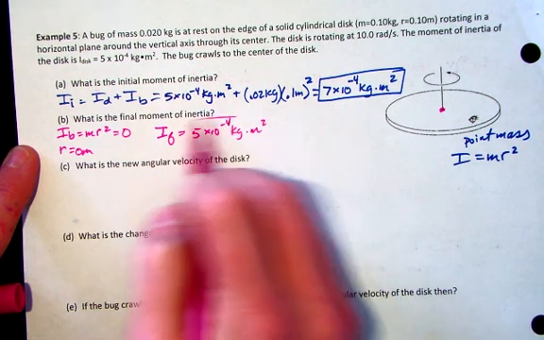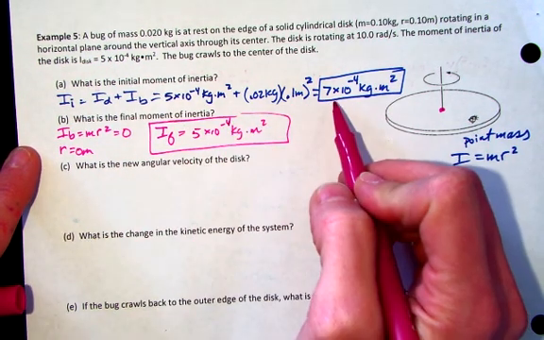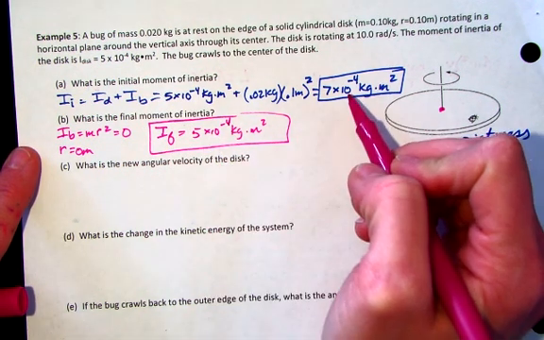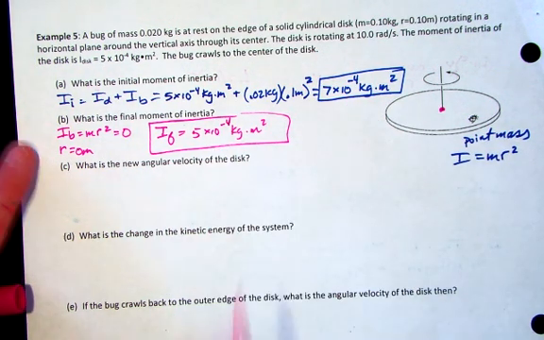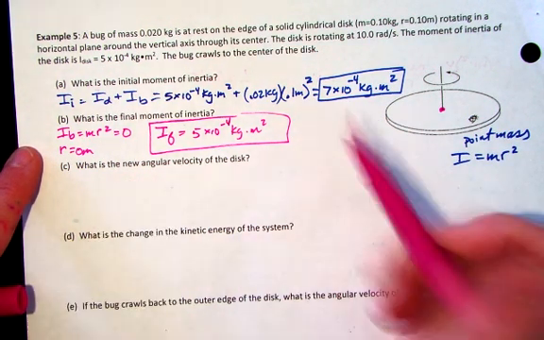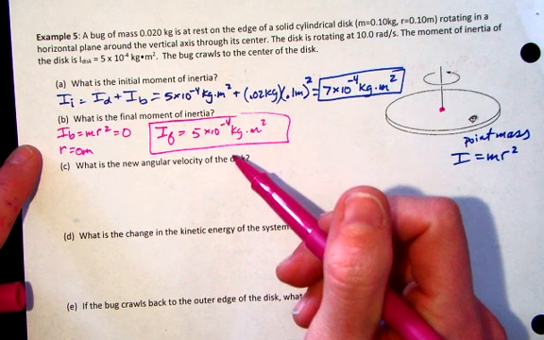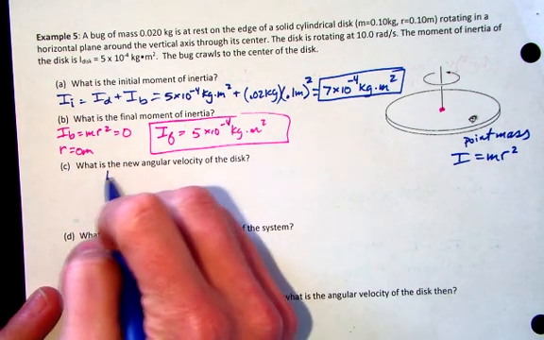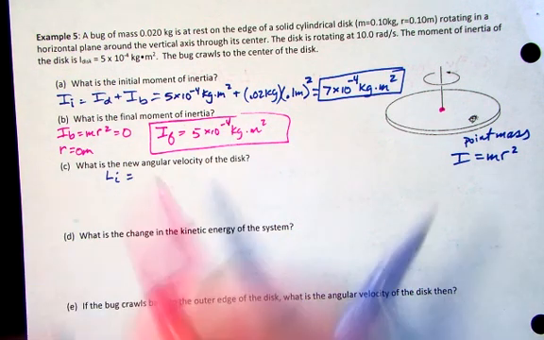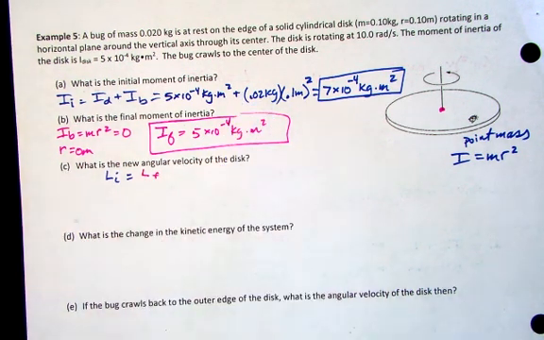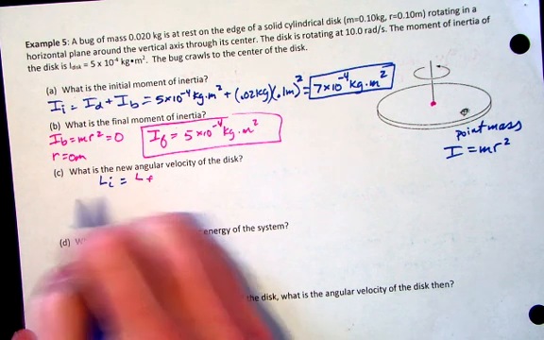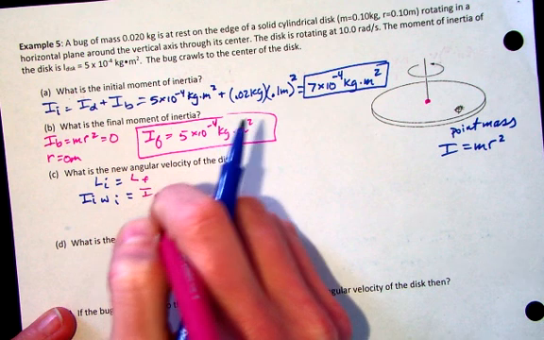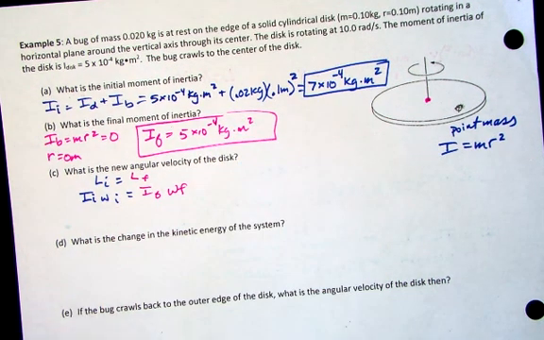Now, if we compare the two, we have 0.0007 and we have 0.0005. So we started with more than we ended with. So if we're looking at the new angular velocity, since our moment of inertia went down, it should turn out that our new angular velocity goes up. So let's take a look. We know that angular momentum is conserved, so we have I initial omega initial equals I final omega final, and we're looking for this final angular velocity.